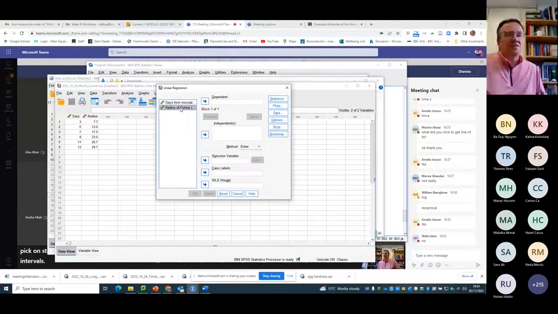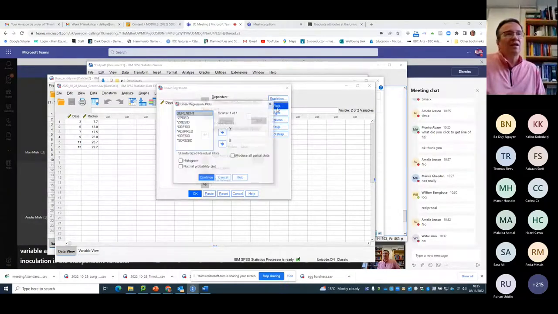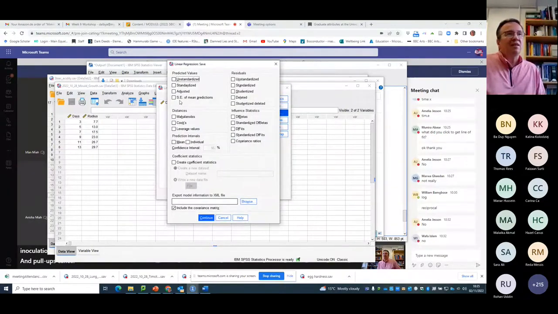In this case, the size of the colony, the radius, is the dependent variable, and the time, the days from inoculation, is the independent variable. And whoops, cancel. I want to calculate the standardized residuals. I'll forget calculating the rest of those things.